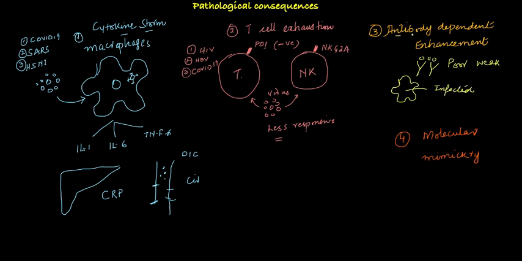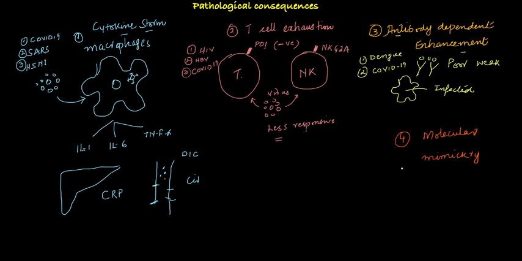And this is called antibody dependent enhancement. This occurs in infections like dengue fever, viral infection, and it is expected to happen. In fact, there are suggestions that perhaps it may occur in COVID-19 as well.